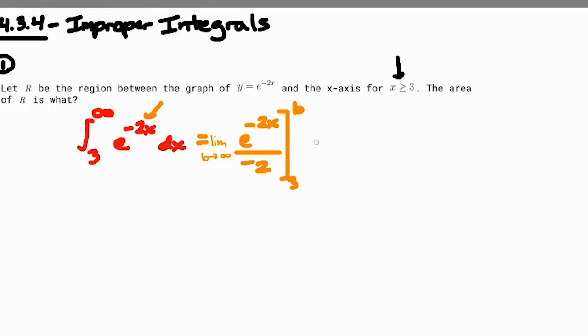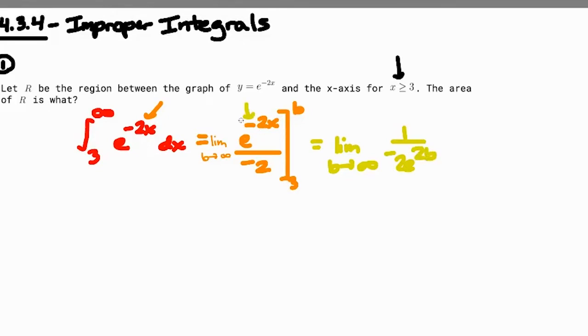So this is going to be equal to the limit, you have to keep that there, as b goes to infinity. Now we're plugging b into the antiderivative. I'm going to rewrite it. So it's going to be 1 divided by negative 2 e to the negative 2b. Oops, not negative 2 on the exponent, because I put it on the bottom.